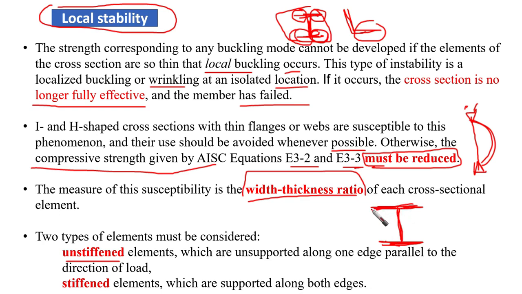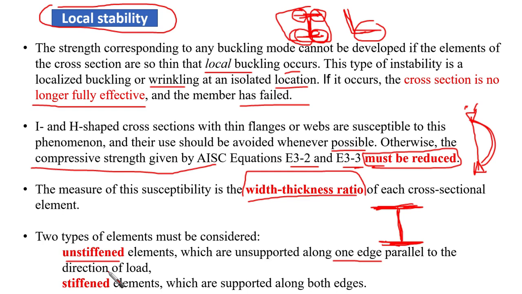But if you look at this part of the flange, it is supported perpendicular to the direction of loading, which is perpendicular to this page. It is supported from this side by the web, but from this side it's not supported. So we call it an unstiffened element, which is unsupported along one edge parallel to the direction of loading.